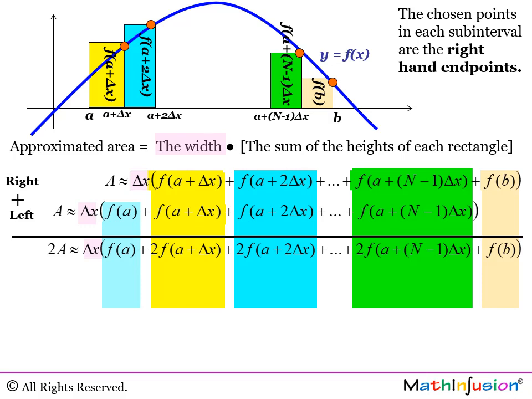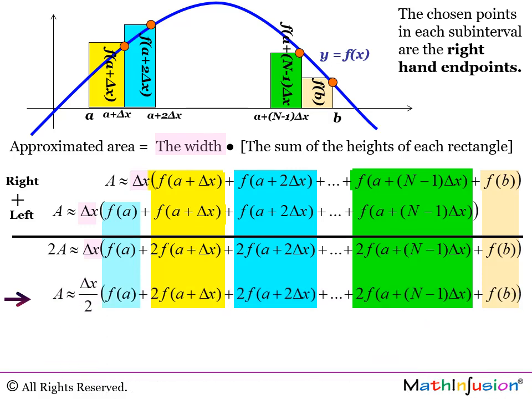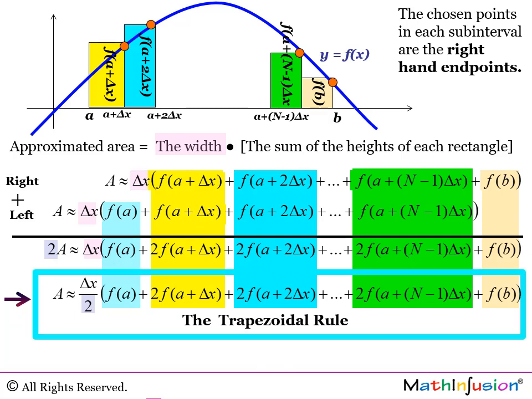It means that another way to approximate the area is by averaging the right and the left Riemann sums, and we get delta x over 2 times f(a) plus 2 times f(a plus delta x) plus 2 times f(a plus 2 delta x) plus 2 times f(a plus (n minus 1) delta x) plus f(b).